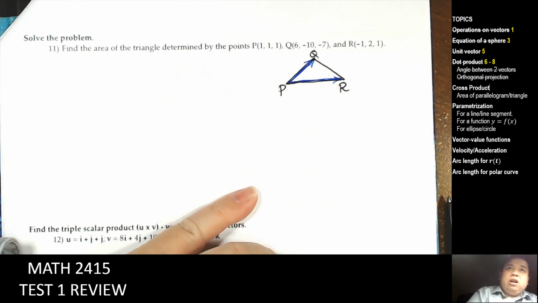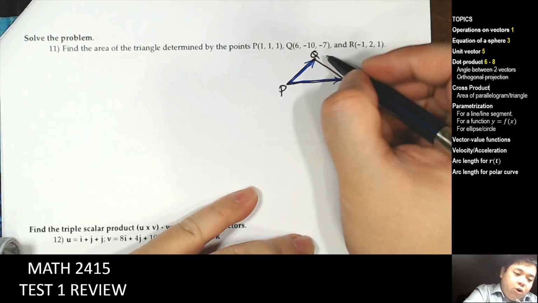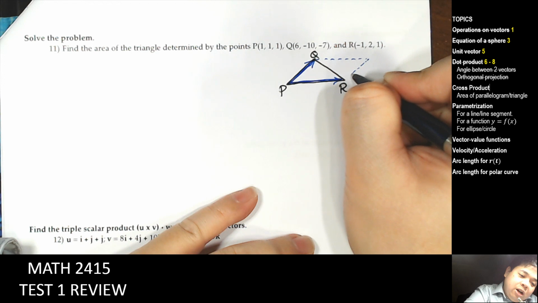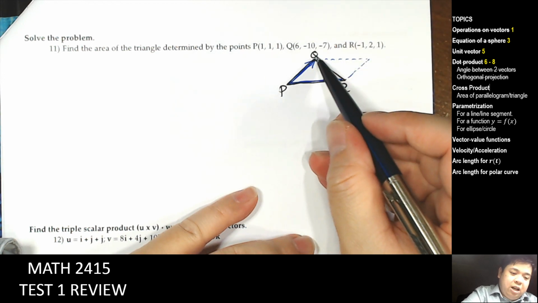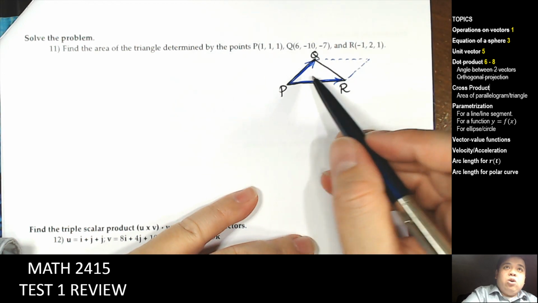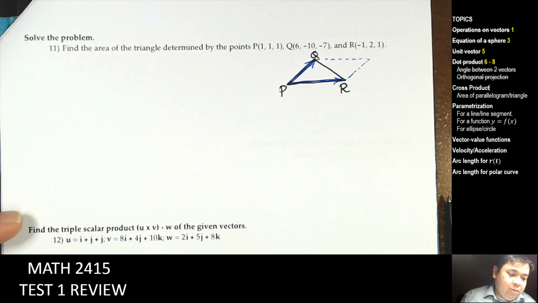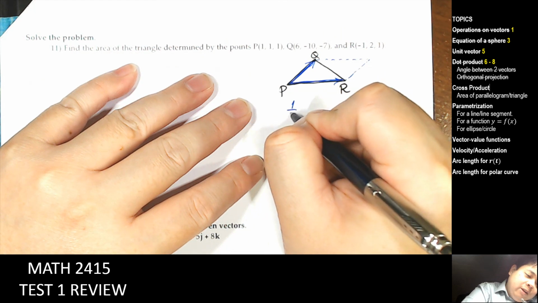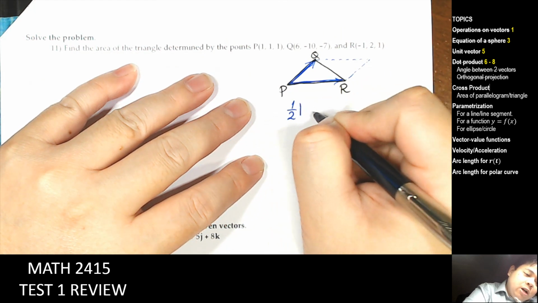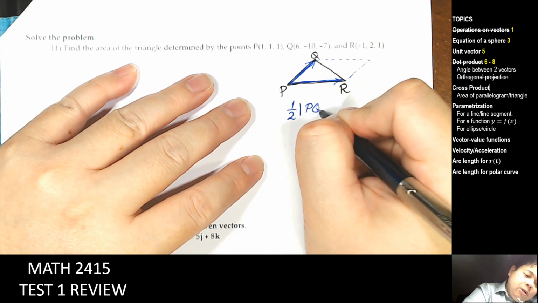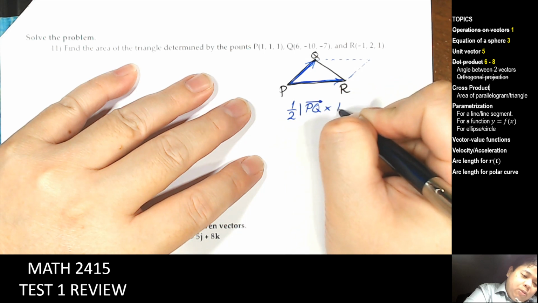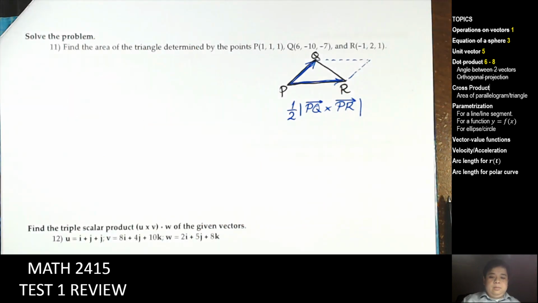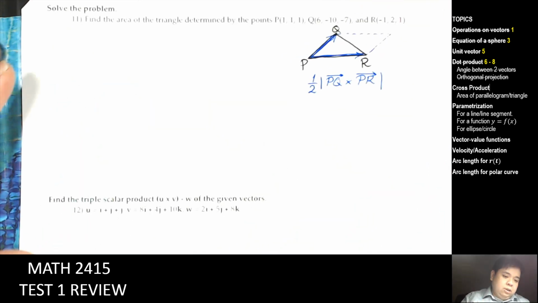Next, we do the cross product of those two. The cross product gives us the area of the parallelogram. This is a triangle, so we cut that in half. In general, the area of the triangle is 1/2 of the magnitude of PQ cross PR.